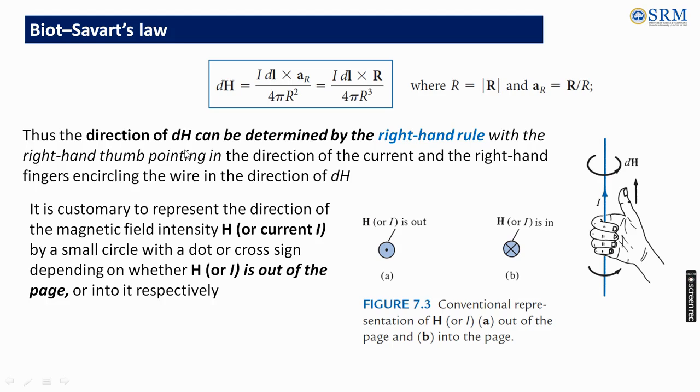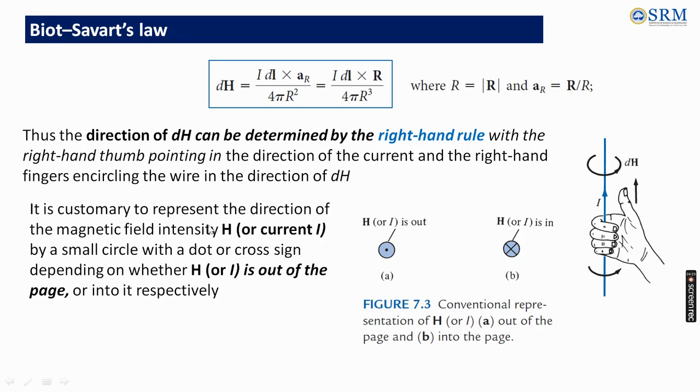How should I determine the direction of the differential magnetic field intensity? It is by the right hand rule. If my right hand thumb points in the direction of current, the right hand fingers encircling the wire will show me the direction of magnetic field intensity.